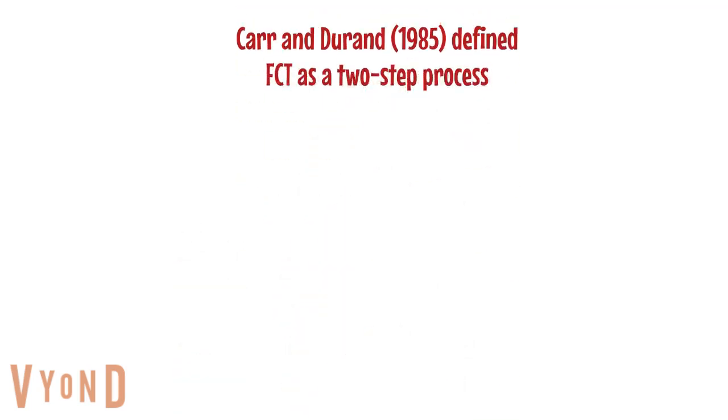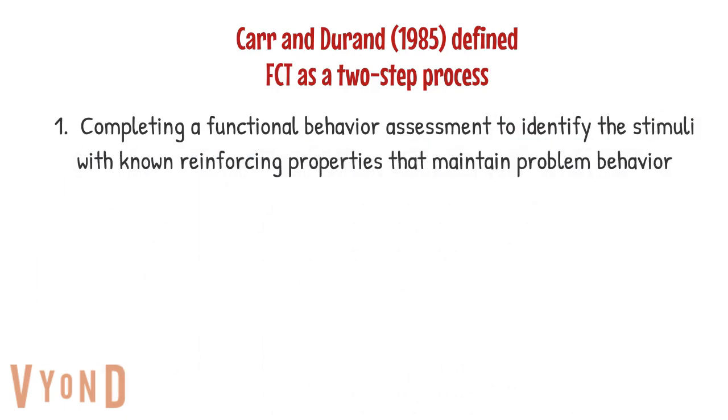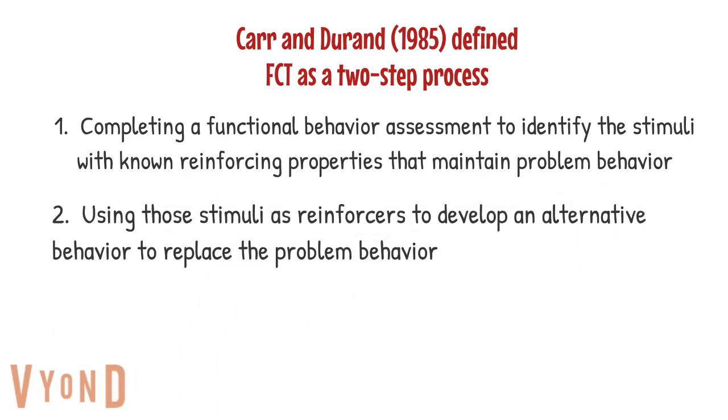And in 1985, Carr and Durand defined FCT as a two-step process. The first step included identifying the function of the behavior by doing a functional behavior assessment. And the second was using those stimuli as reinforcers to develop the alternative behavior to replace the problem behavior.